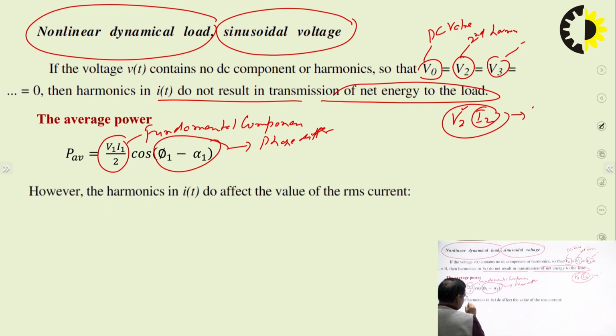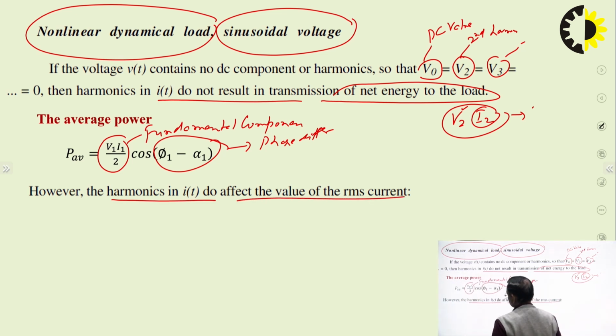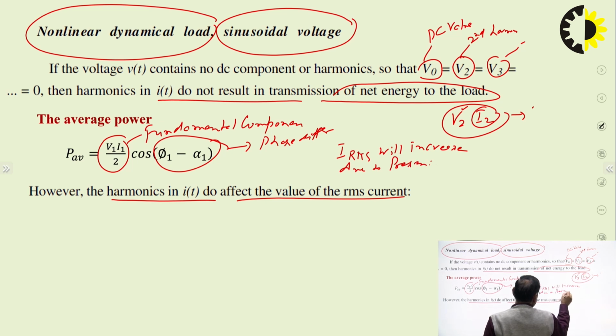However, the harmonics in the current do affect the value of the RMS current. So this is the average power, but IRMS will increase due to the presence of harmonic currents.